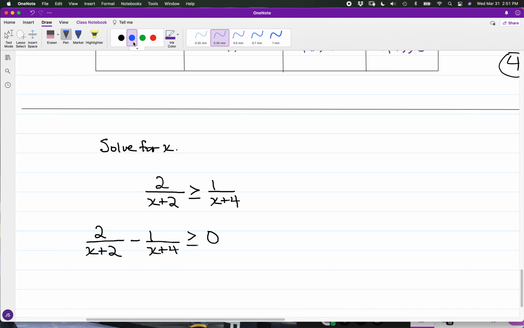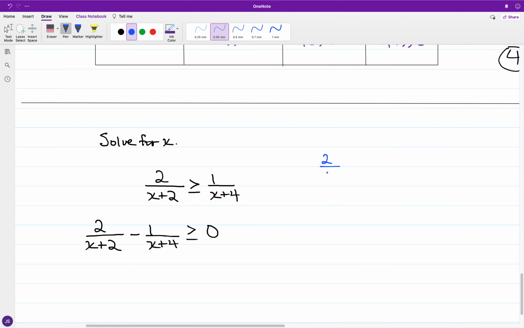So I've got this difference of terms, 2 over x plus 2 subtracting 1 over x plus 4. I want to put both of these ratios in terms of the least common denominator, so the quantity of x plus 2 times that of x plus 4.